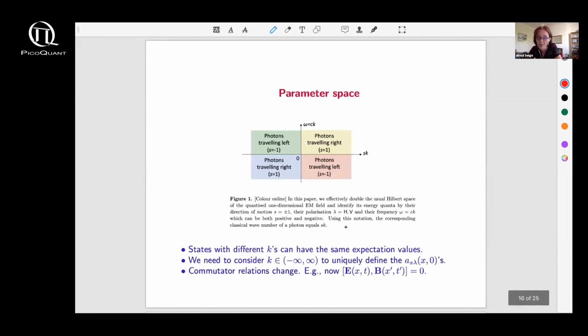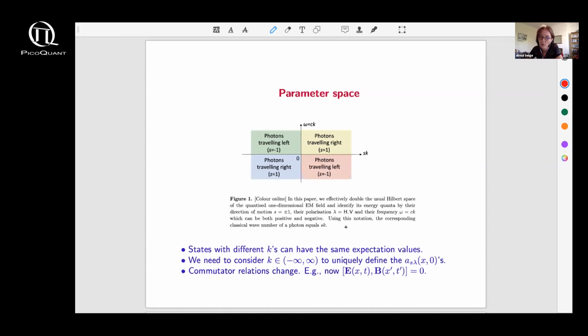So what we have done here is we effectively have doubled the normal photon space. So we have now more parameters, more inner degrees of freedom for describing photons, because we don't consider only positive frequencies, we also allow for negative frequencies.